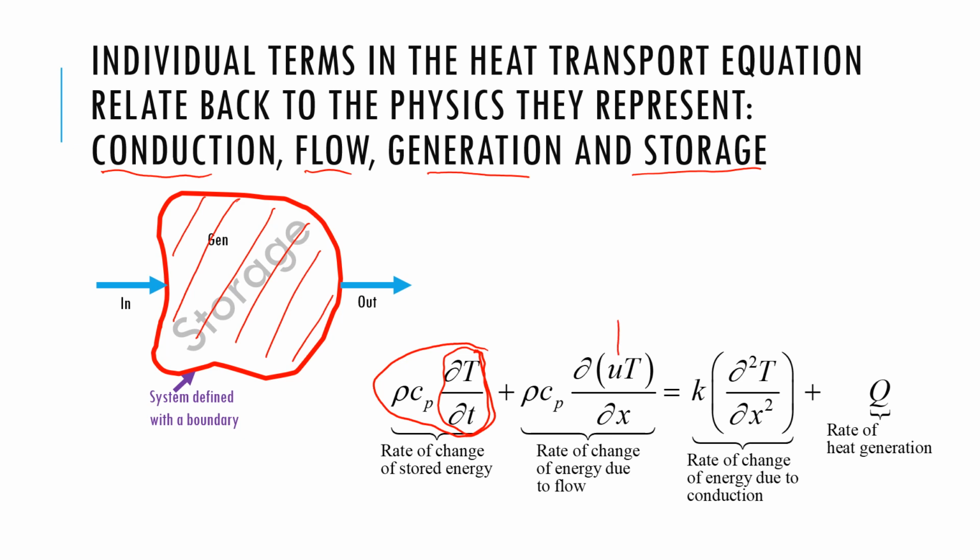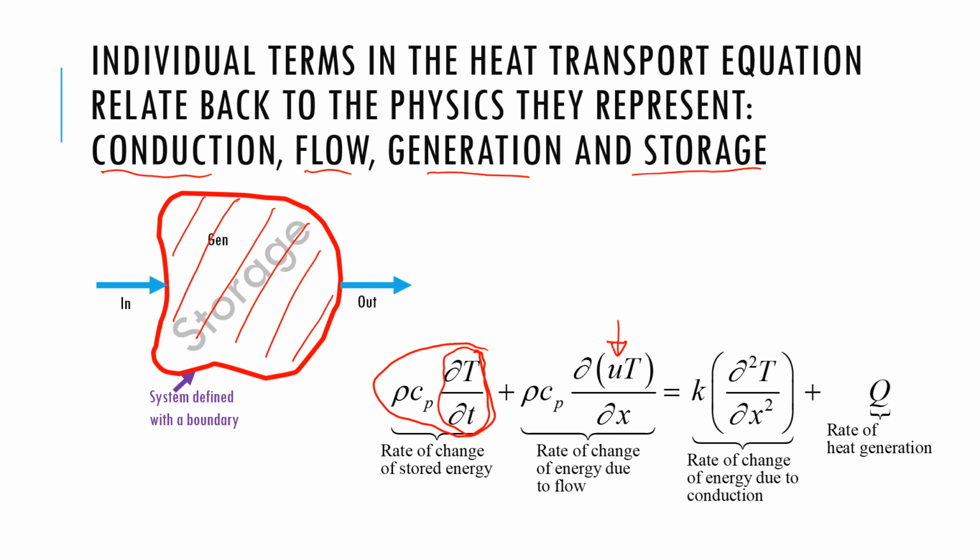Now the next term has velocity. So the details of velocity, as I said earlier, would be discussed later. For now, let's say the velocity is known, but the fact that there is velocity in the term, this must relate to the flow aspect, how energy is carried by flow. In fact, if you put in all the dimensions, you can clearly see that.